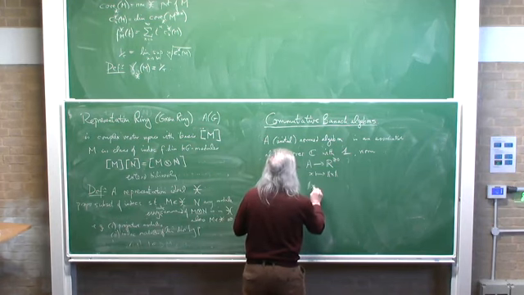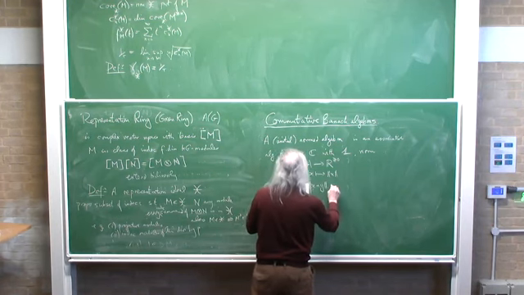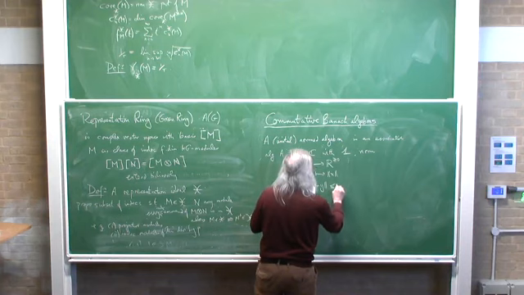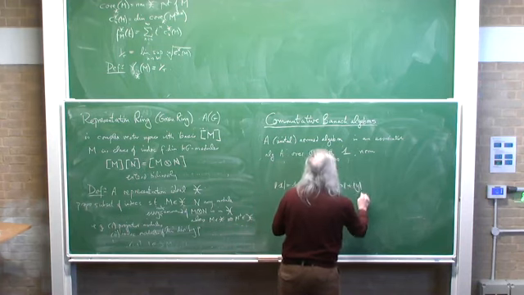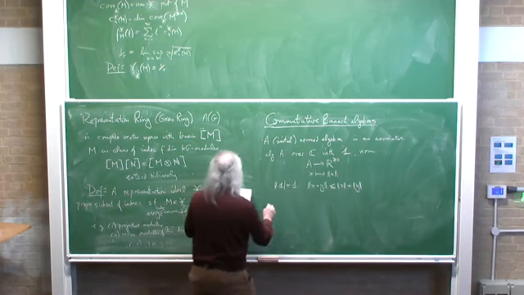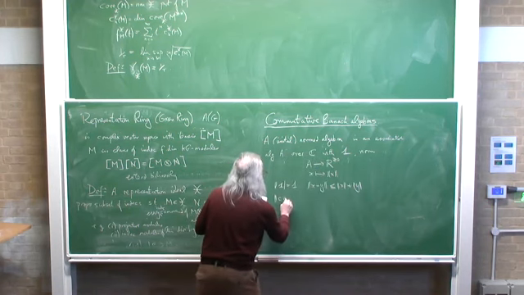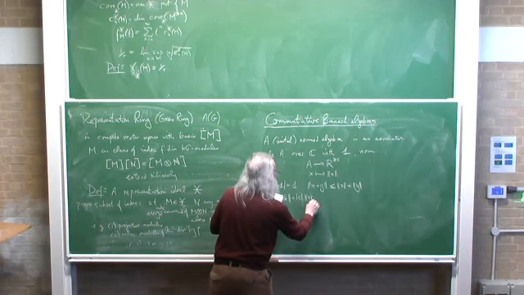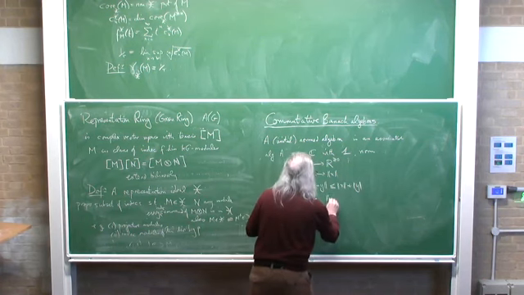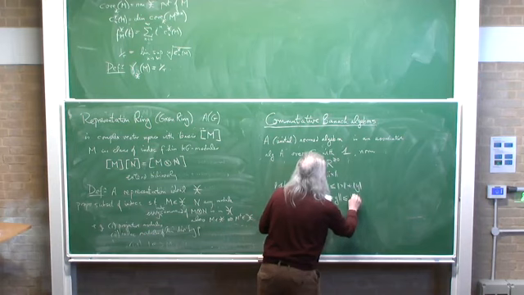The norm of x plus y is supposed to be at most the norm of x plus the norm of y. The norm of a constant multiple of x is just the absolute value of c times the norm of x. And the norm of a product is at most the product of the norms.